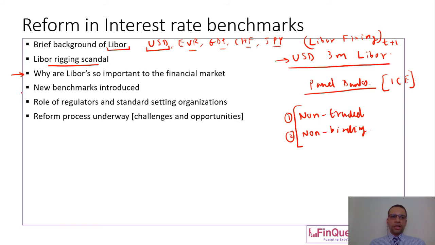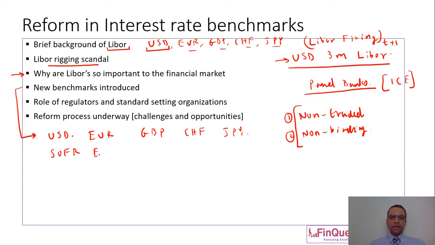So to introduce ourselves to the new benchmarks, these are the new benchmarks which are being thought of. So let's talk of, let's say, three major ones. And there are, or maybe, the five major ones as we mentioned earlier. So these are my currencies. For USD we have SOFR.